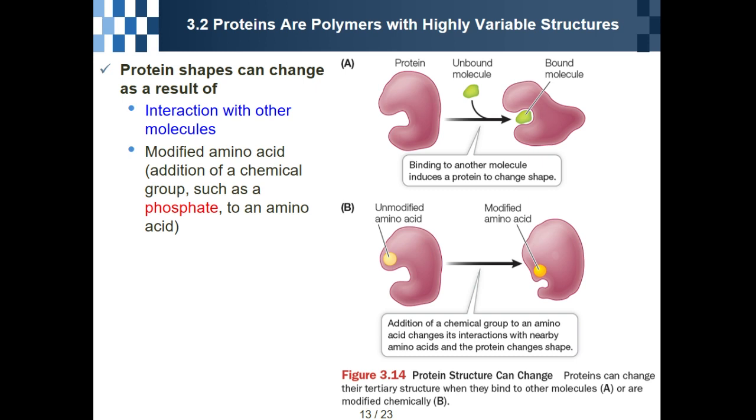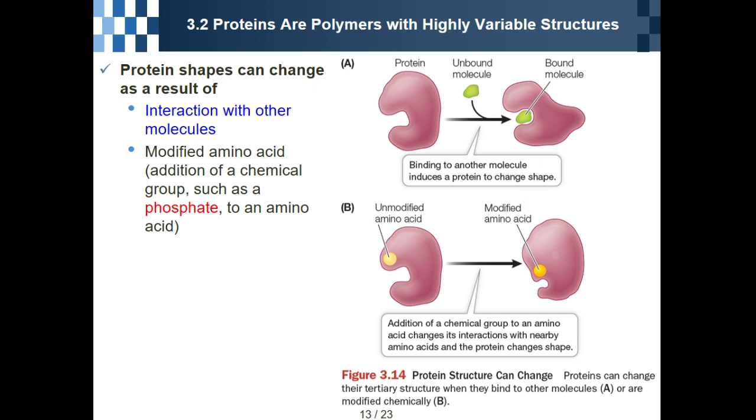Take this amino acid. You don't know the structure of the protein, but if it has the lysine, we call it K. At a specific location of an amino acid, for example, a phosphate can be added to this kind of amino acid.